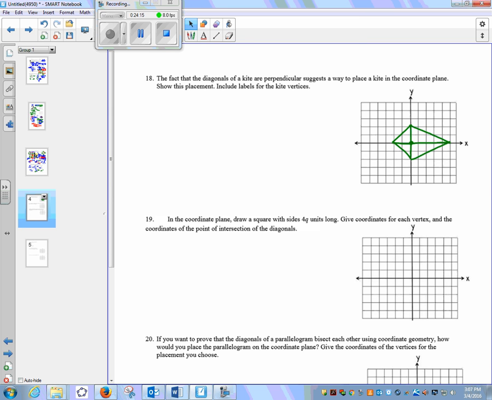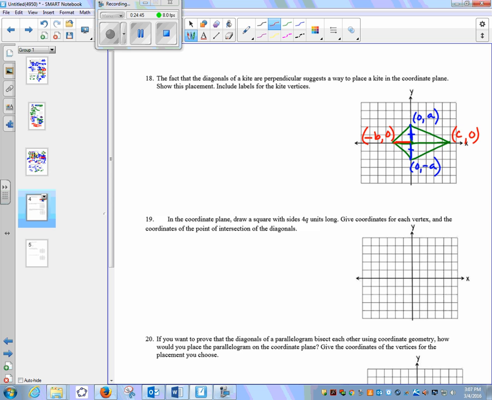Now we had one like this in a homework before. This distance has to be the same as this distance. So maybe you're going to go over 0 up A and over 0 down A. Right? And then this distance back this way has to be different. So maybe back B up 0. And then the one over here has to be even different than those. So maybe over C up 0.